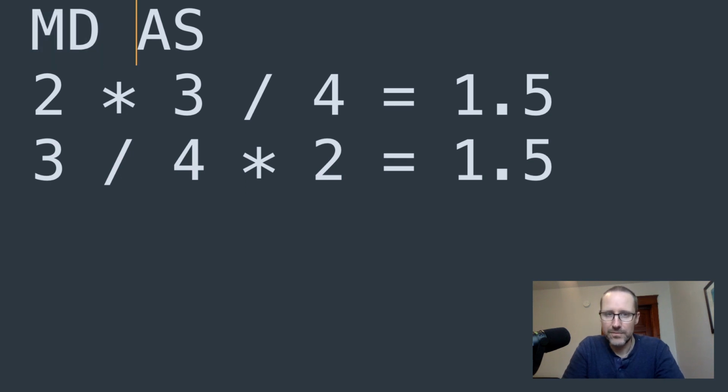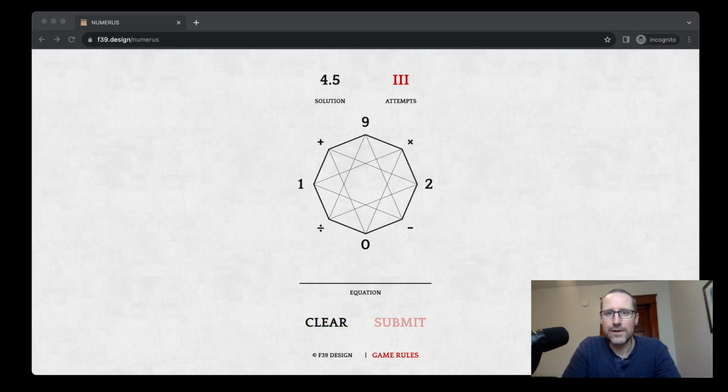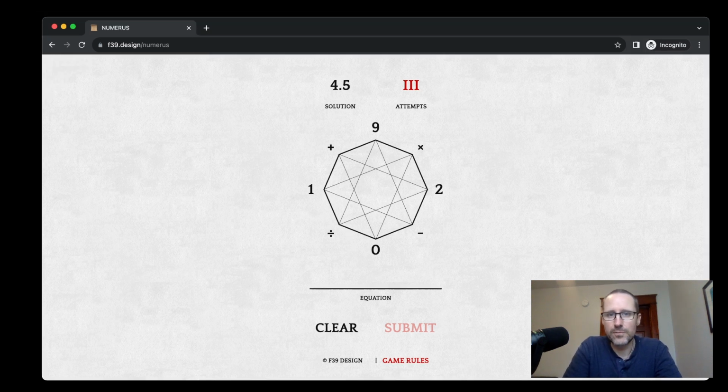So armed with that knowledge, let's go back and figure out what the solution to this is. Spoiler alert, if you want to go and play this by yourself, then stop watching this, run away, go and play this and use that knowledge in order to solve this puzzle. But if we're going to solve the puzzle, what we really can see here is that 9 divided by 2 is our 4.5. But we need to figure out how to use the 1 and the 0. So we'll say, great, 9 divided by 2, there's our 4.5.